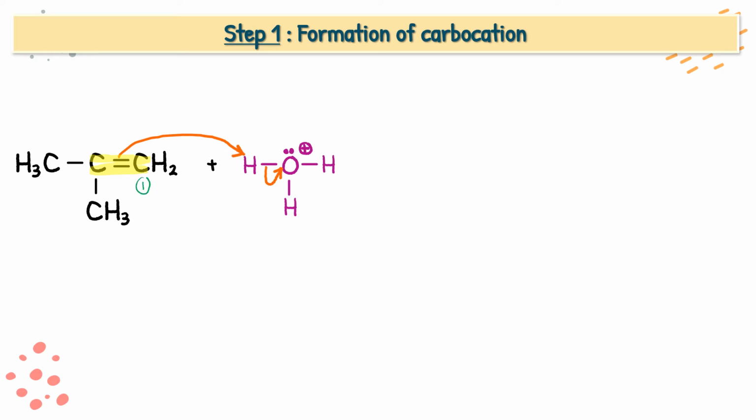Is it at carbon 1 or at carbon 2? As discussed earlier, we put the hydrogen according to the Markovnikov rule, on the carbon that has more hydrogen atoms, which is our carbon 1.